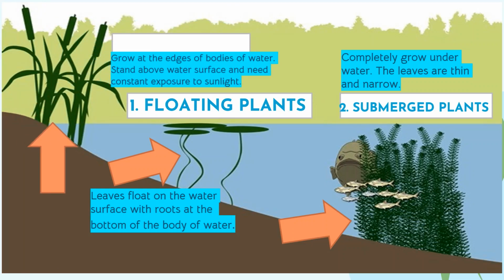Grow at the edges of bodies of water. Stand above water surface and need constant exposure to sunlight. What is it? This is an emerged plant. Good job!